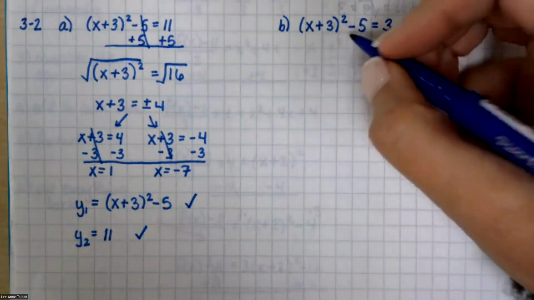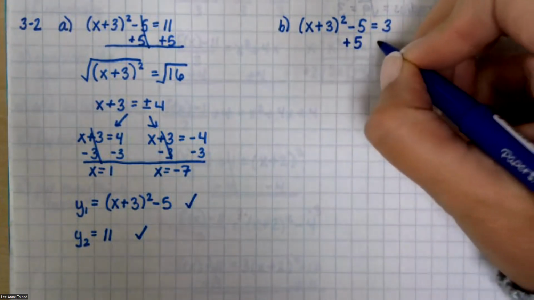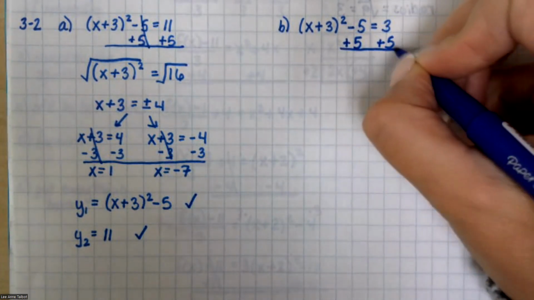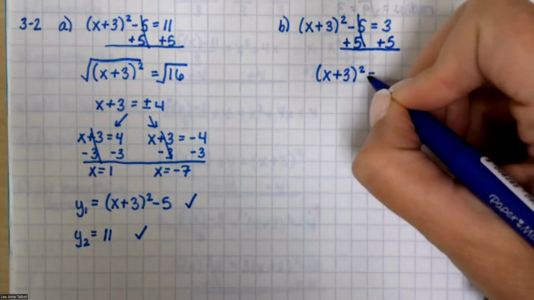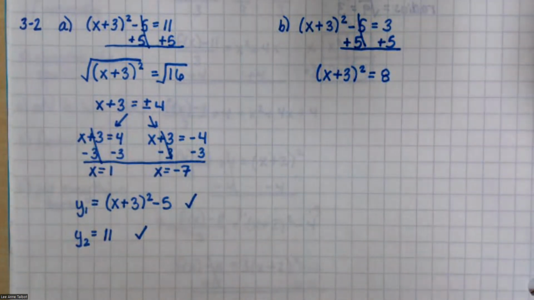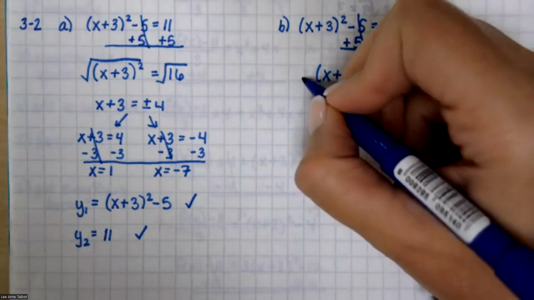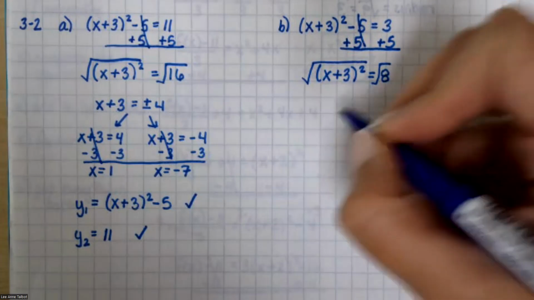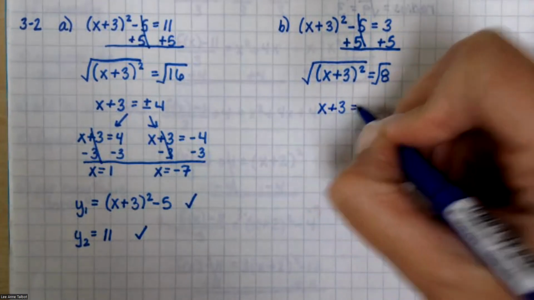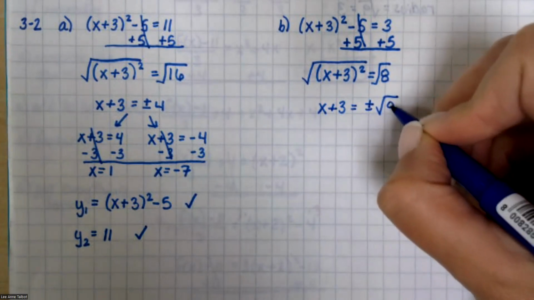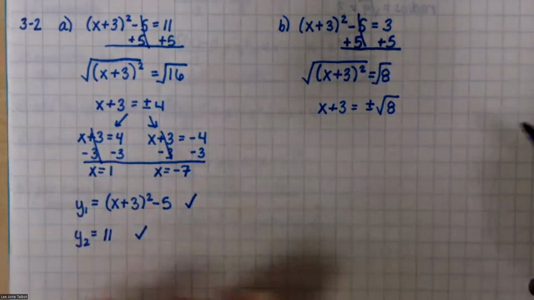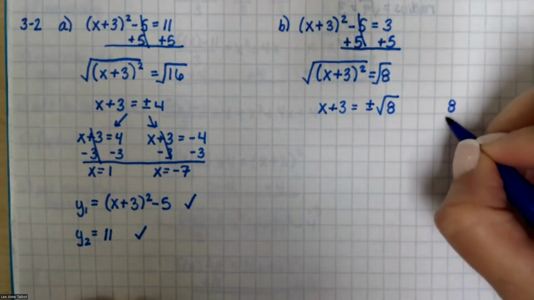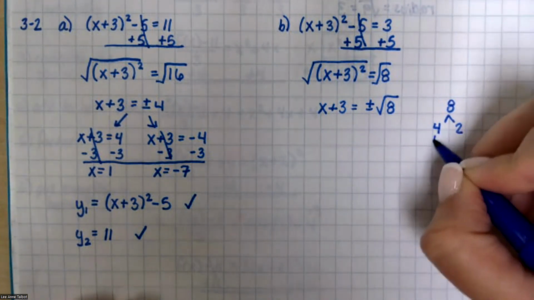Okay. B, plus 5, plus 5, square root. This one's a little bit more challenging because we need to do the simplifying.